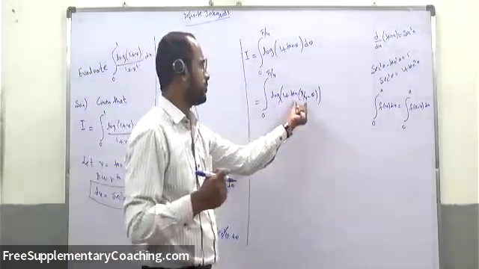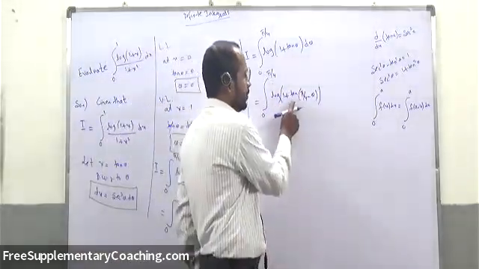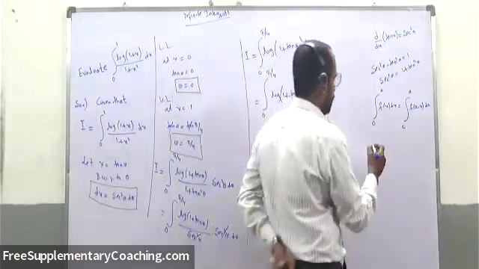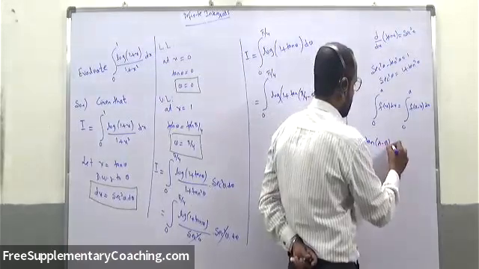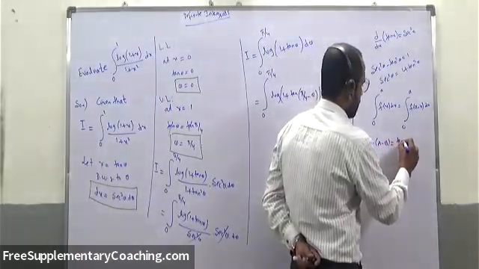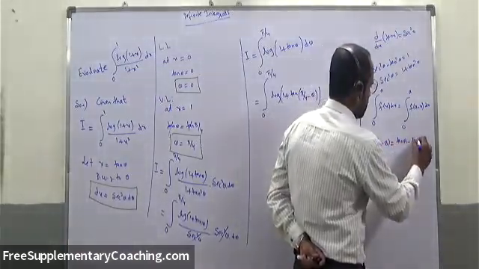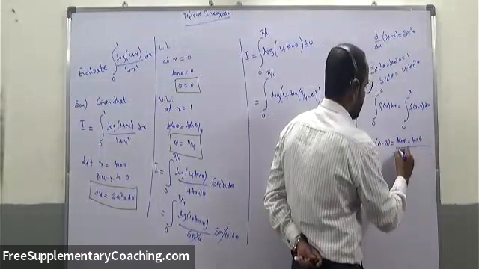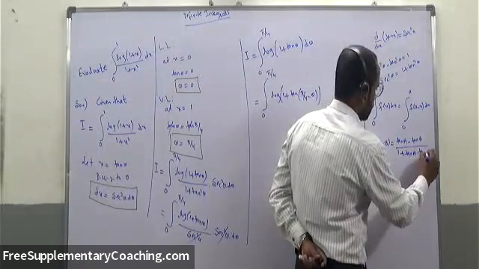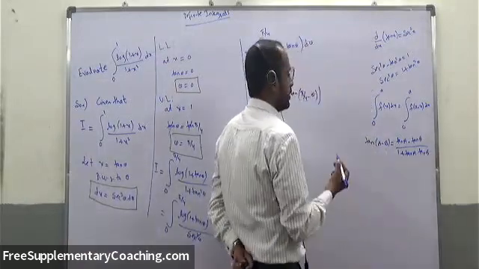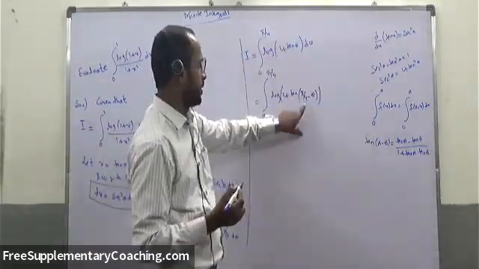So this is in the form of tan of a minus b. What is the formula of tan of a minus b? Tan of a minus b is equal to tan a minus tan b divided by 1 plus tan a into tan b. This is the formula that we have to apply here.